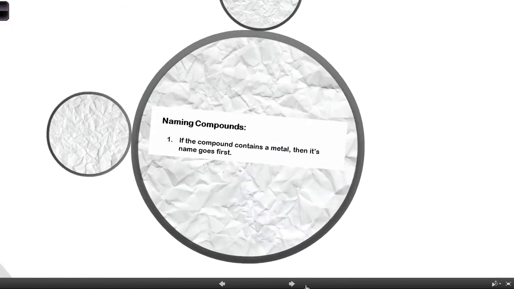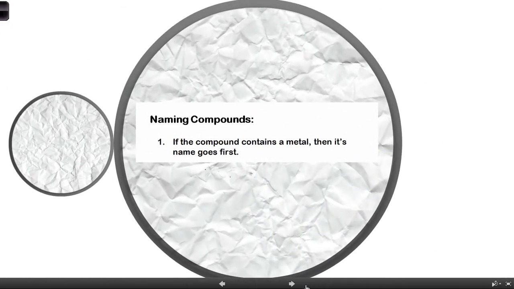So let's get started. Firstly, guys, if a compound contains a metal, then its name goes first. I like to use the analogy that this is like two people getting married. When we make a compound, two or more elements join together. It's just like in a marriage, a man and a woman join and become one.